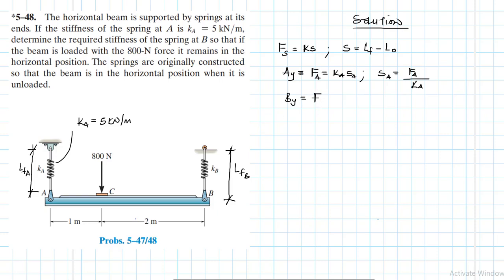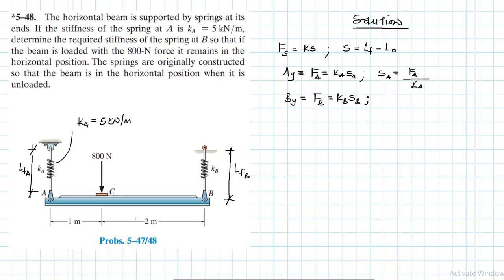Once we have this information, then with By, the reaction at B, will be equal to the spring force Fb, which is also going to be equal to Kb times Sb. But mind you, we are being told that the beam is supposed to be horizontal after the load is applied. So it has to remain horizontal even after the load is applied.